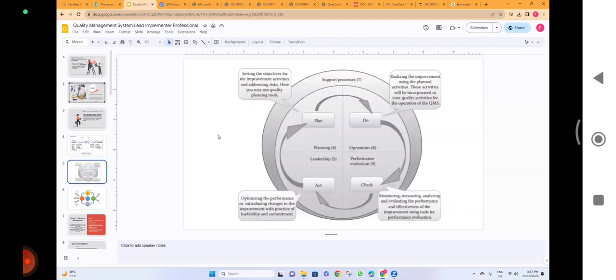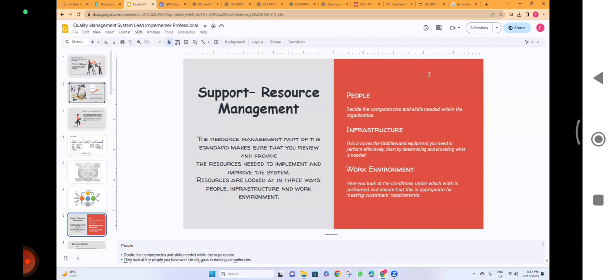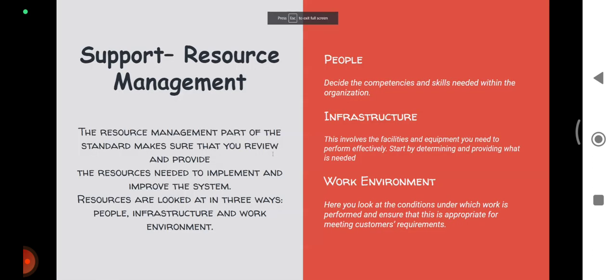Support and resource management is what you see right here, represented outside this circle here. And we are going to start with support and resource management because this is going to determine whether you have what it takes to complete each and every one of the 12 steps that you have.